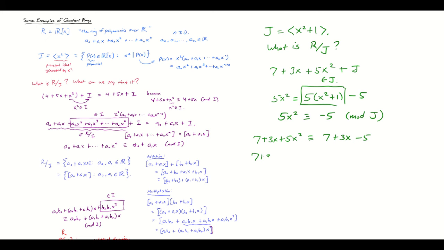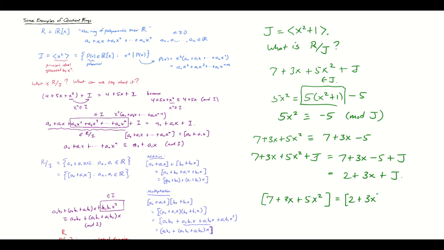Or in other words, 7 plus 3x plus 5x squared plus J is the same coset as 7 plus 3x minus 5 plus J. And of course, that's just the same as 2 plus 3x plus J. To put it in congruence classes, 7 plus 3x plus 5x squared is the same congruence class as 2 plus 3x.